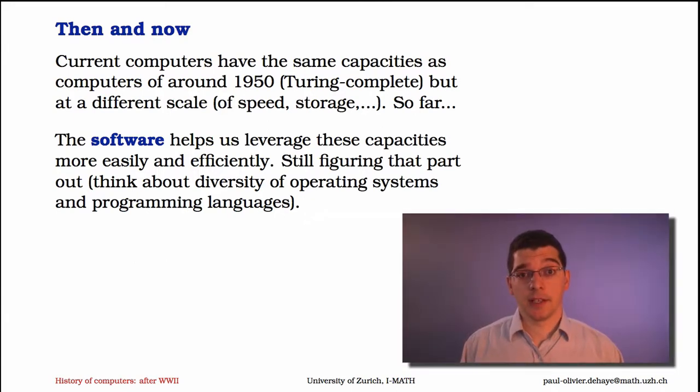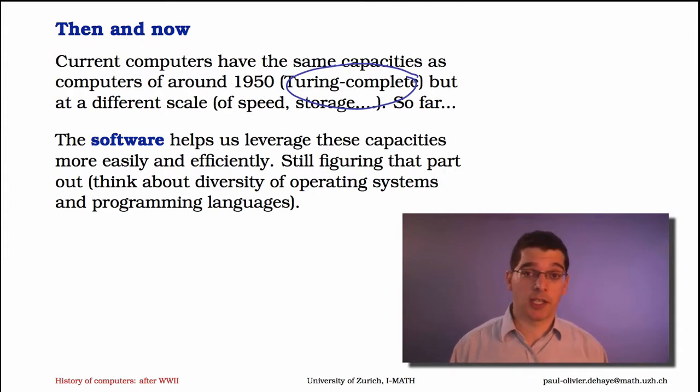Okay, but this is evolution in hardware, and as I said, it's incremental. But the current computers essentially have the same capacities as computers of around 1950. They're what's called Turing complete, and we'll see what that really means in an extra in the course. But the difference is that they do all this at a different scale of speed, of storage, etc. They can store a lot more data, they can process it much faster.